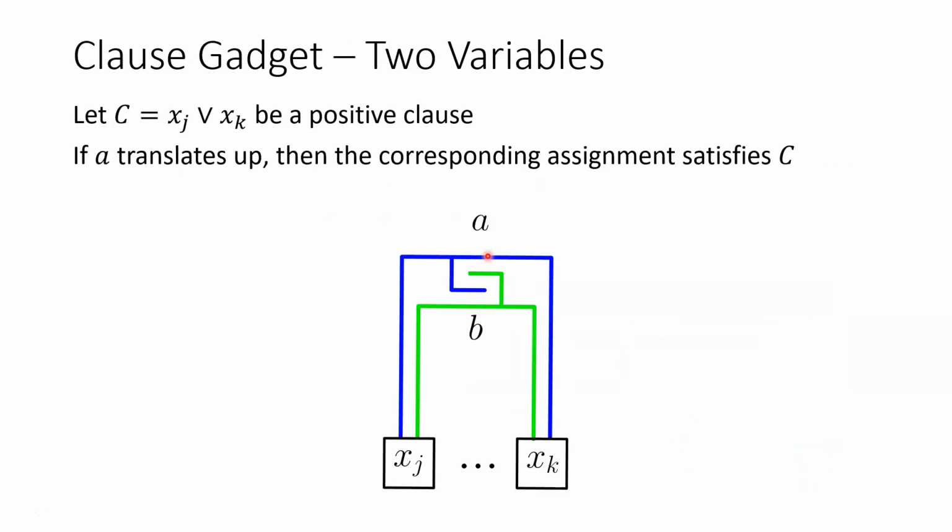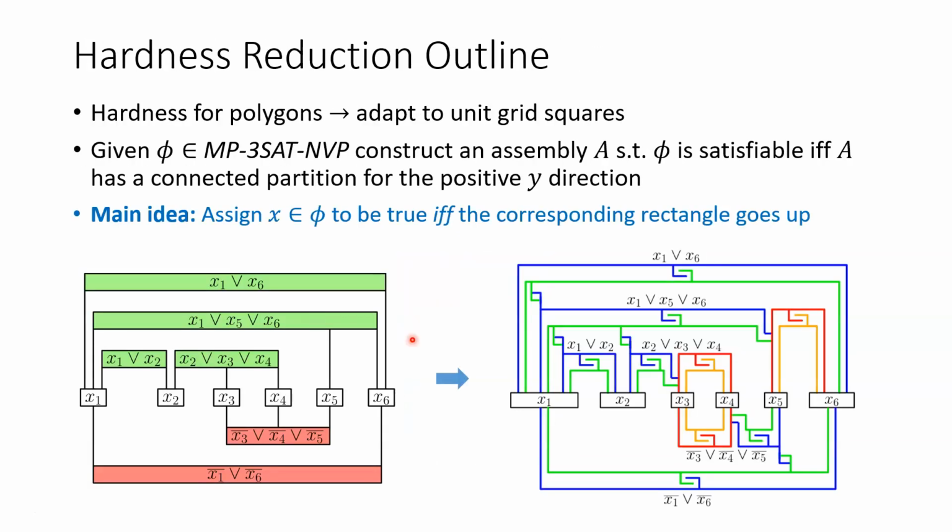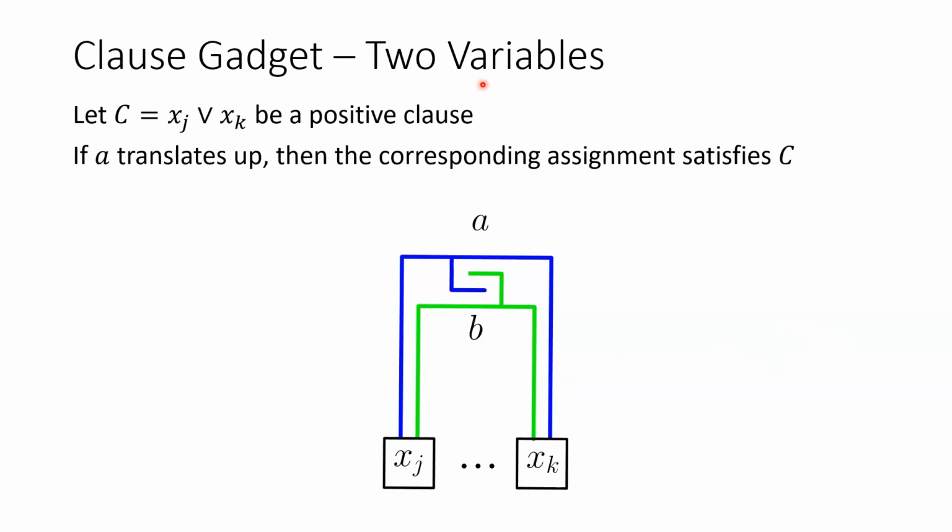And I will just briefly go over the clause gadgets that appear here for each clause. If we have a clause with 2 variables, we have 2 parts for the clause gadget. And these 2 parts touch the variable rectangles that correspond to the variables in the clause. We need this property that basically gives us a choice of what to do with the variables.